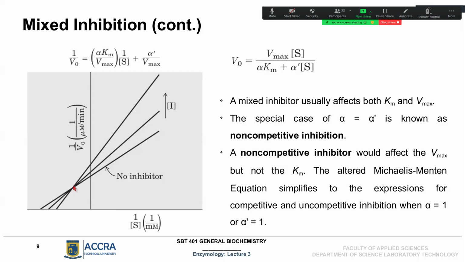And that also means that the amount of substrate which is needed to reach half of the maximum is also decreased. So you see such typical characteristics of the Lineweaver-Burk relationship with mixed inhibition, where you are having uncompetitive inhibition occurring by two different paths, as we saw earlier.